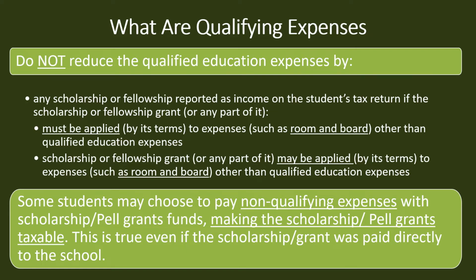In that case, then for our student, if they're reporting that on their return as income, and the stipulations of that scholarship or grant say that it must be applied to expenses like room and board other than qualified educational expenses, or if it may be applied to those expenses like room and board that are not qualifying education expenses, our students don't have to reduce their expenses by those grants or scholarships.